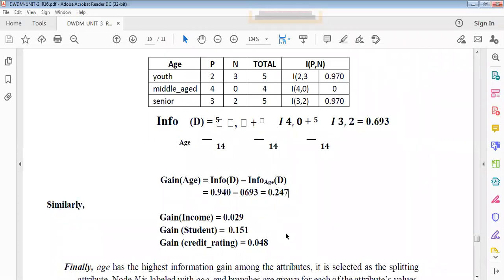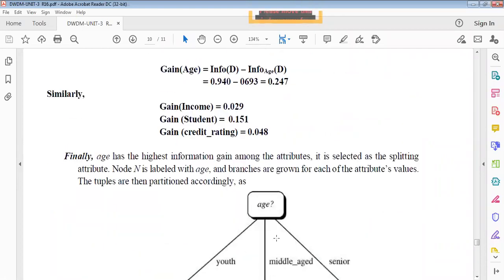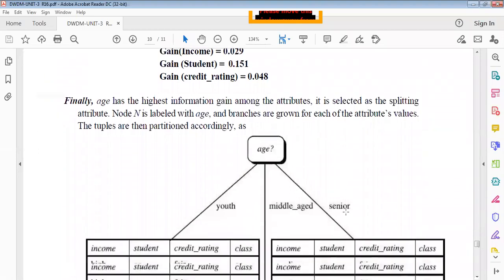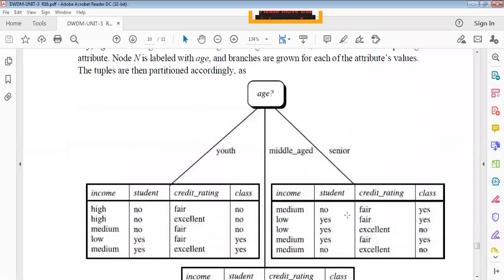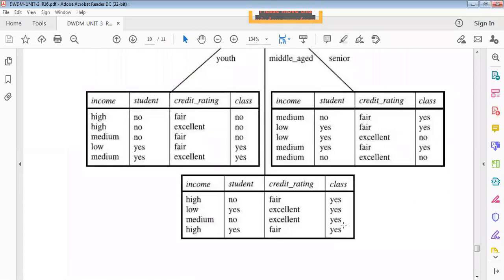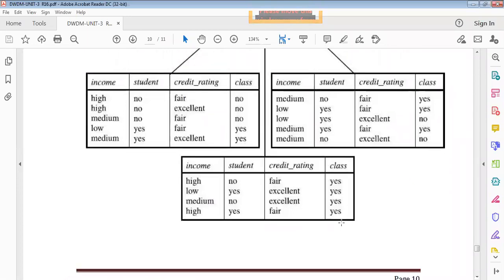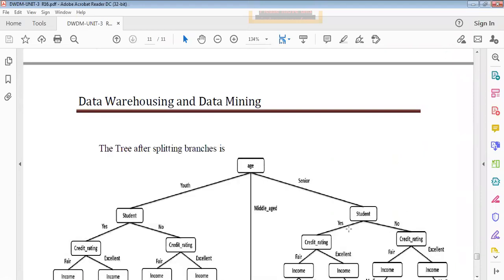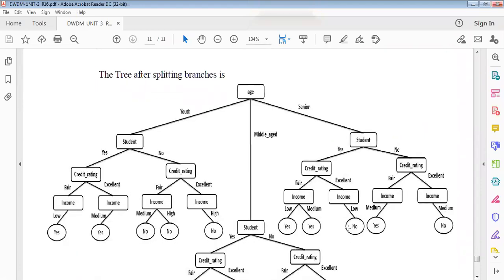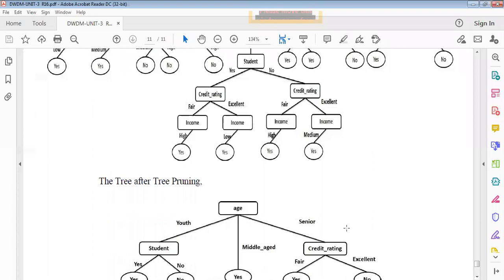Then the gain of student, and like this way, you have to find out. Finally, age has the highest information gain among the attributes, so it is selected as the split node. Node N is labeled with age, and branches are grown for each of the attribute values: youth, middle age, and senior. Here is the diagram for the splitting branches of the tree.